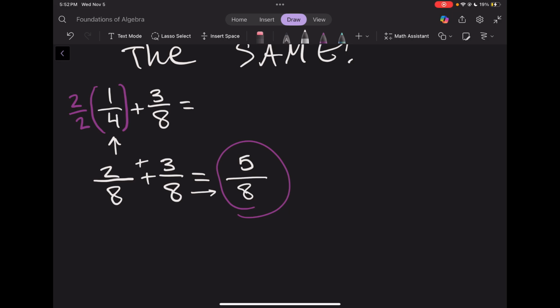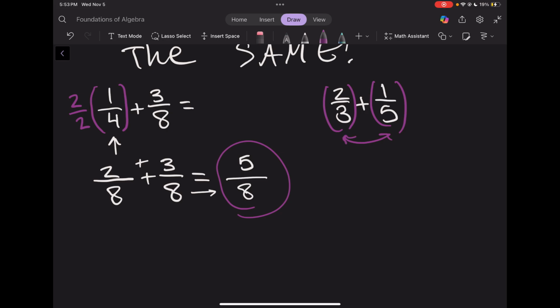Now, let's say we have a problem like 2/3 plus 1/5, where we can't multiply 3 to get 5. When we come across something like that, we have to multiply both sides by something that they share in common.